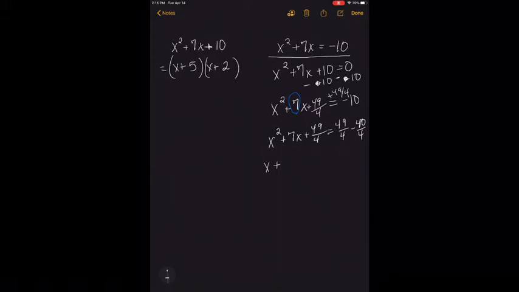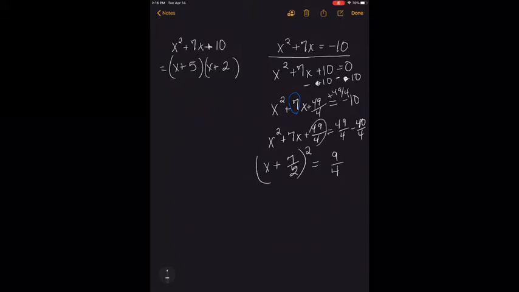Okay, so we can simply write it as x plus, not 49 over 4, 7 over 2, quantity squared, equals 9 over 4.